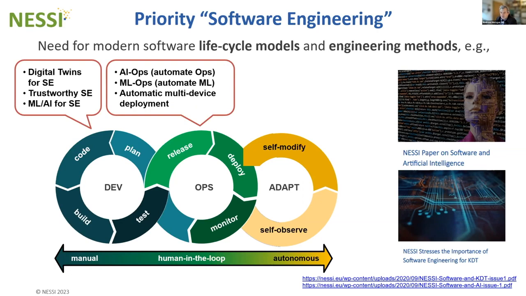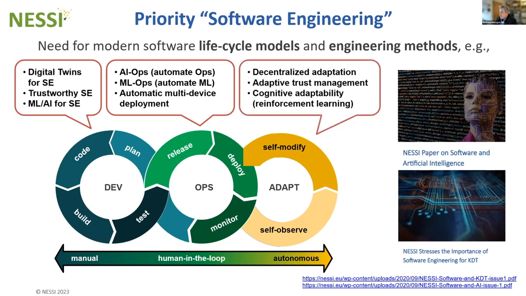It's actually having a good automation of building ML-based systems. And all this, if you look at the compute continuum, to reflect back on the previous slide, has to consider multi-device deployment from the IoT over the edge to the cloud. And lastly, and this is the adaptation part, we see an emerging need for decentralized adaptation.